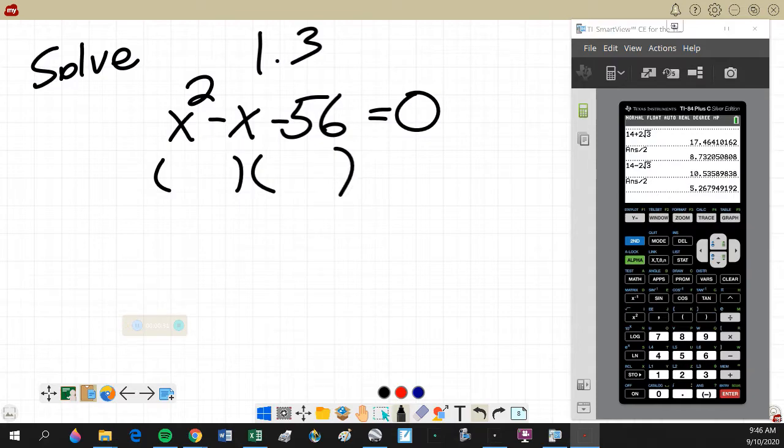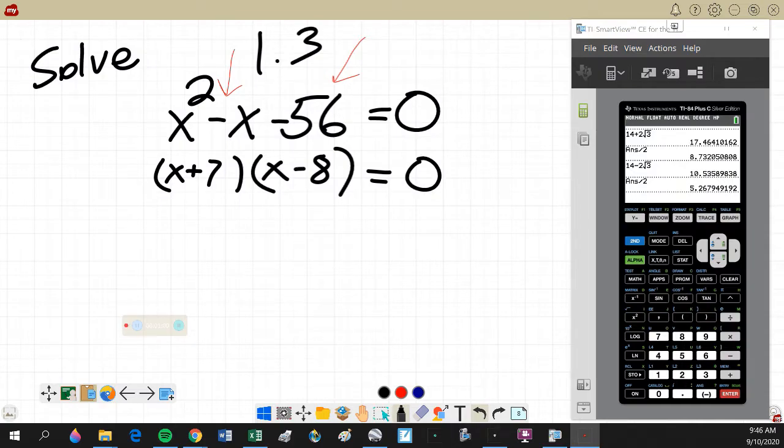If the box helps, feel free to use it. But I know it's going to be x and x. Can you think of two numbers that multiply to be negative 56 and add to be negative 1? 7 and negative 8. So positive 7 and negative 8. And these two multiplied together still equal 0.